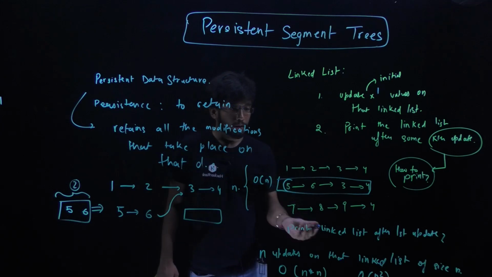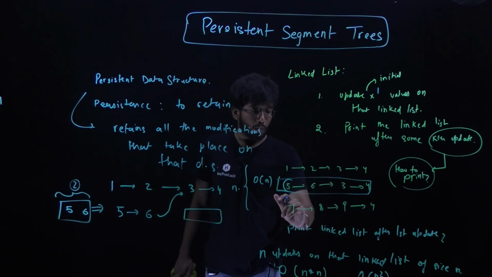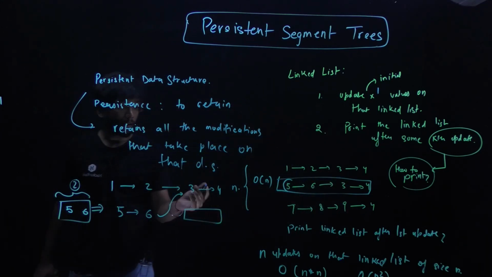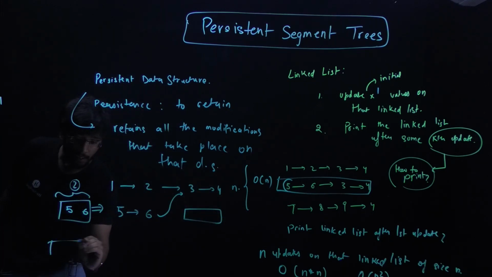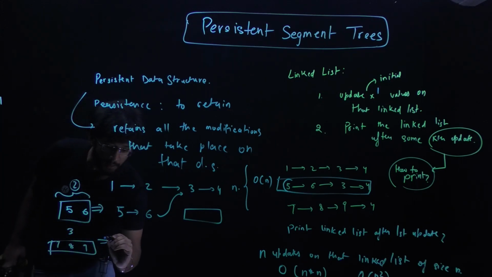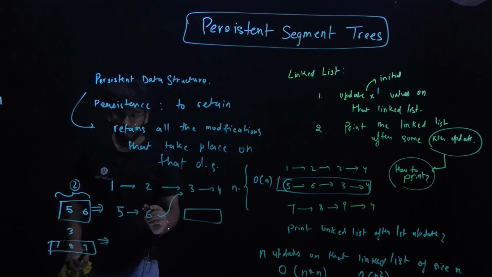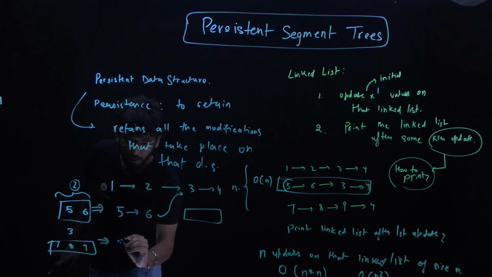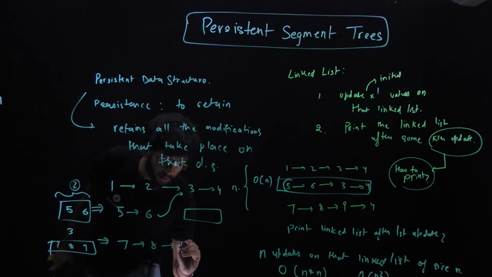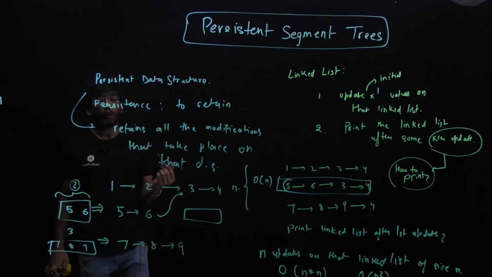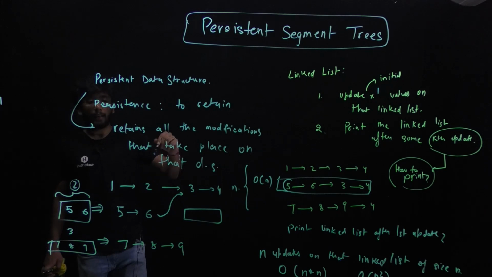Now jumping on to the next thing, if I get a 3-element update, which is 7, 8, 9, then I'll write 7, 8, 9, and now where do I need to point the 9?